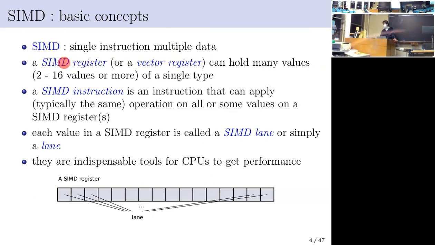A single SIMD register or vector register can hold many values of a single type, typically 2 to 16 values, or in some cases more, like 16 single precision floating point numbers, or 8 double precision floating point numbers. This is what a single SIMD register is typically able to hold.